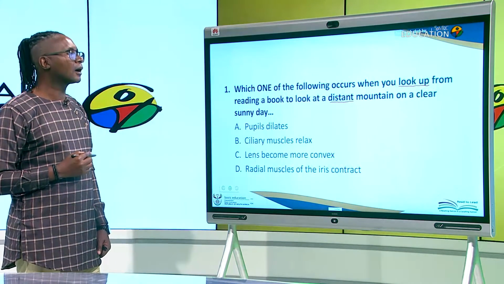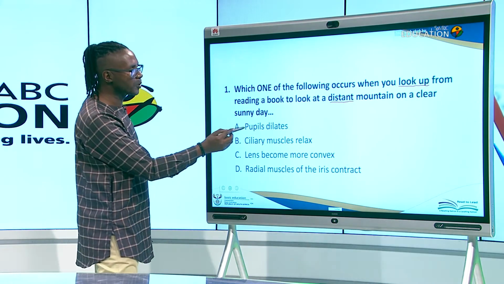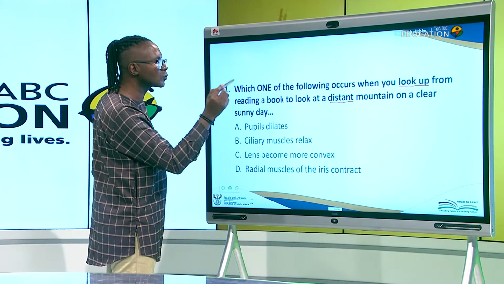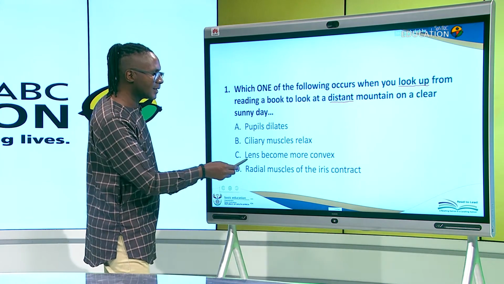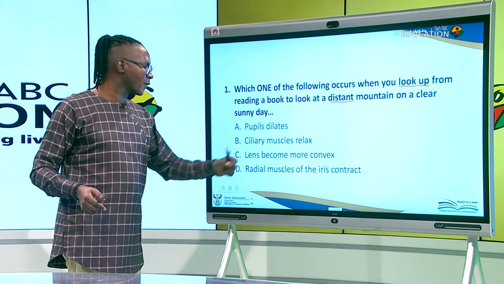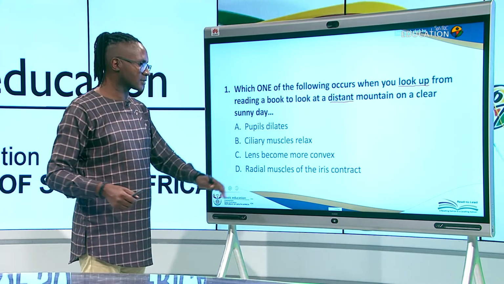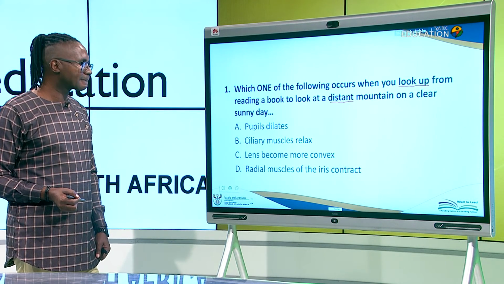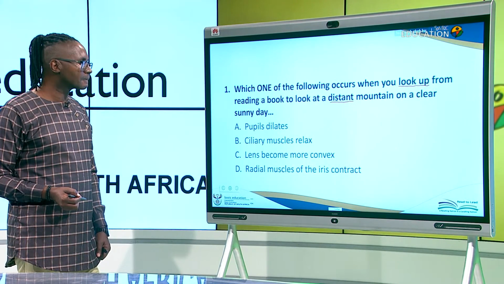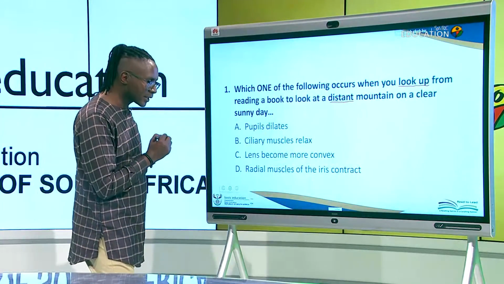Right. Our answers, they gave us pupils. The pupil will dilate, the ciliary muscles will relax, the lens becomes more convex, radial muscles. Right. So what's happening? You delete that which is wrong.